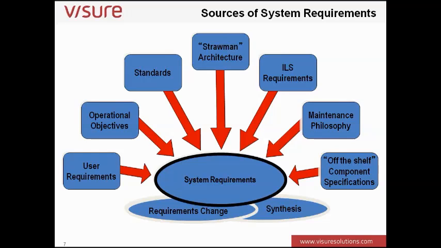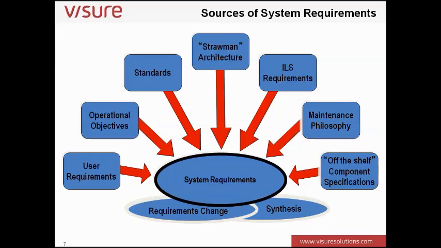And with the ilities, you get the maintenance philosophy. The maintenance philosophy is also very important here, because we then characterize how modular the system needs to be for reasons of maintainability. If there's a critical part of the system that, should it fail, we need to replace very quickly, then that defines the system design and how modular we make that system. And that can obviously affect our system requirements.